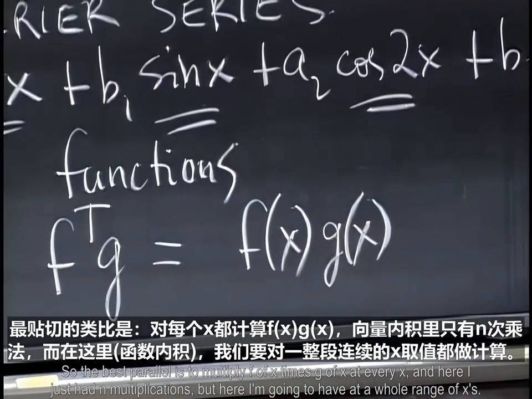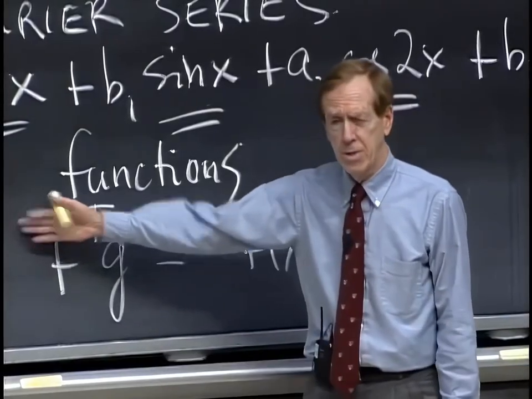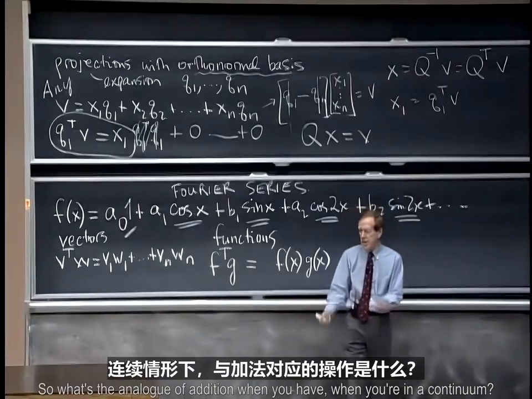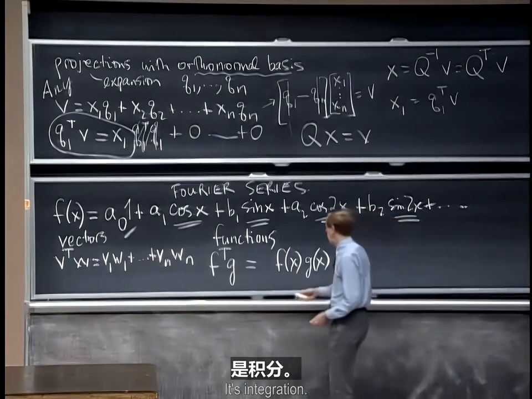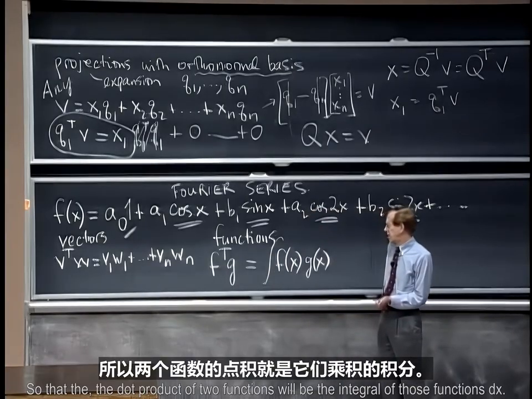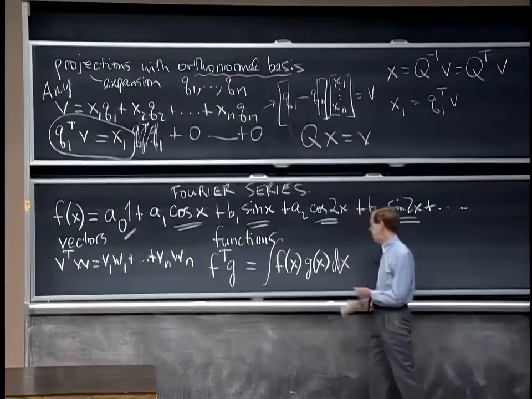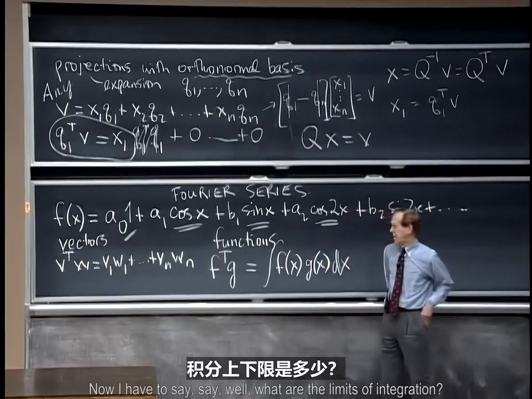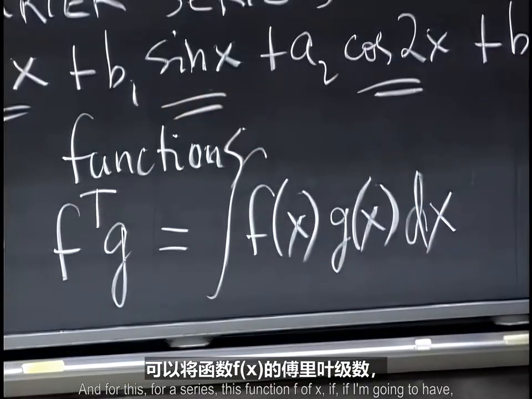And here I just had n multiplications, but here I'm going to have a whole range of x's. And here I added the results. What do I do here? So what's the analog of addition when you're in a continuum? It's integration. So the dot product of two functions will be the integral of those functions dx. Now I have to say, well, what are the limits of integration?